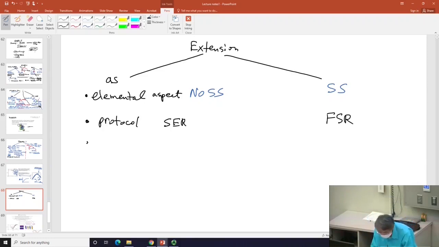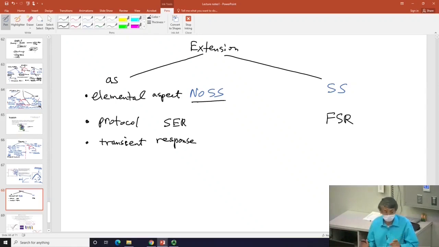So next, we can really focus on transient response. Because I already made a brief comment about steady state not being there. So there or not, let's look at transient response.